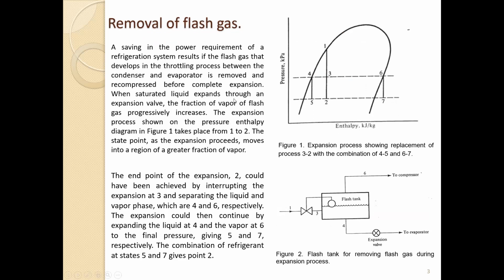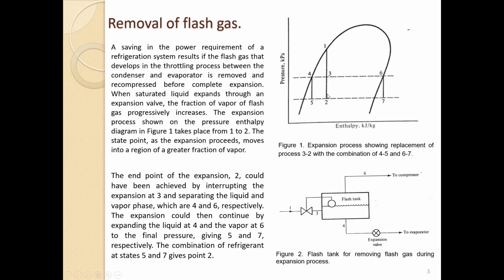When saturated liquid expands through an expansion valve, the fraction of vapor or flash gas increases. The expansion process shown on the pressure enthalpy diagram, figure 1, takes place from 1 to 2. The state point, as the expansion proceeds, moves into a region of greater fraction of vapor.